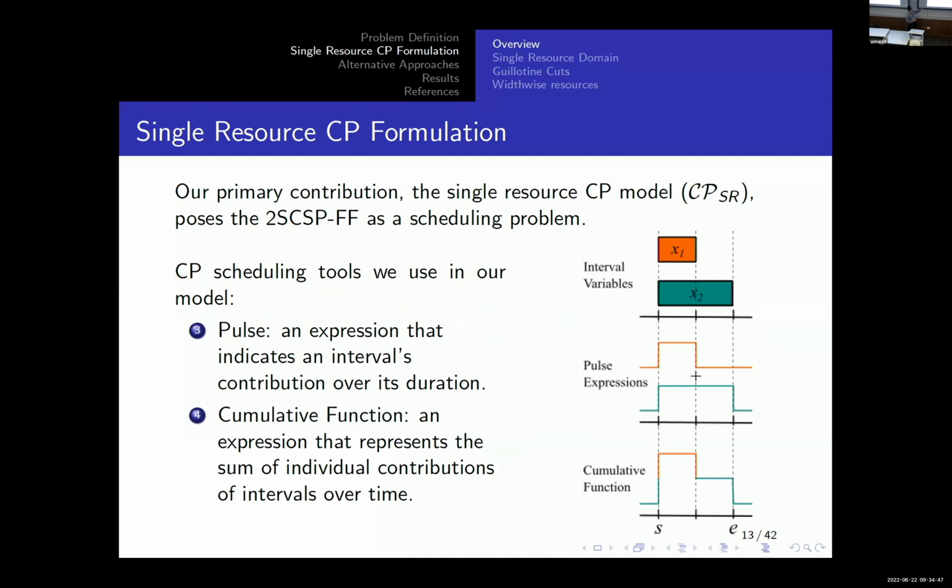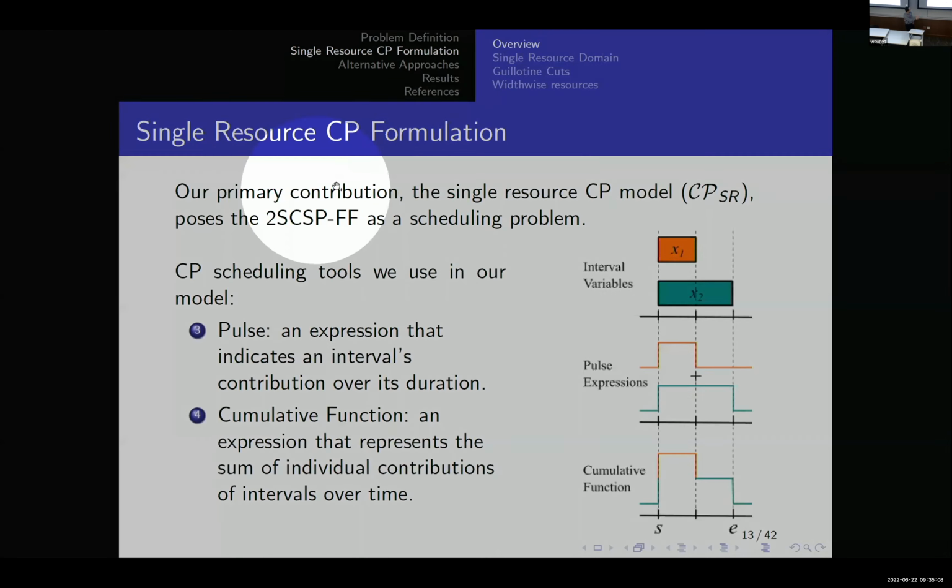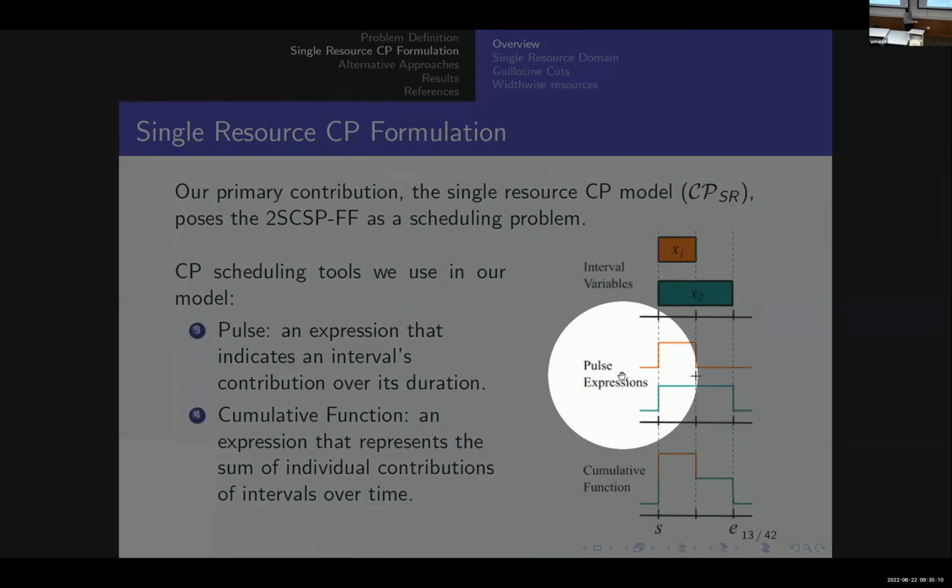Finally, we have pulses and cumulative functions, which are typically used to profile some sort of resource usage over time. In particular, a pulse is an expression that indicates an interval's contribution towards a resource over time. If you want to visualize it graphically, it is essentially this rectangular function.